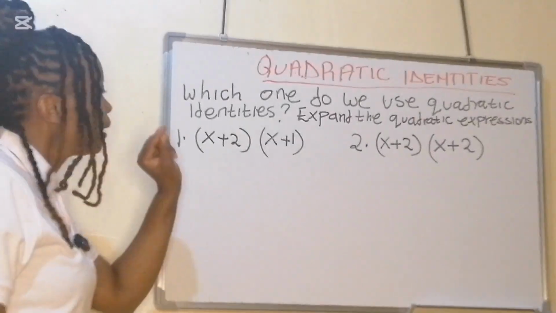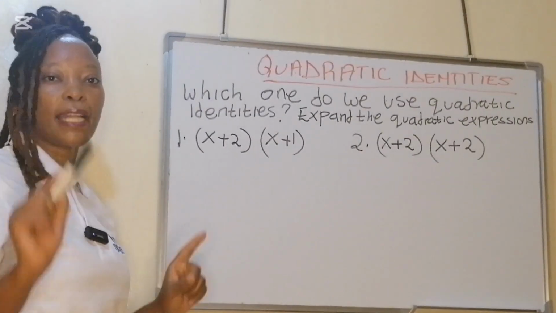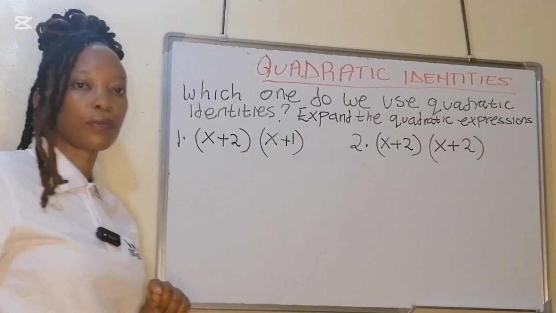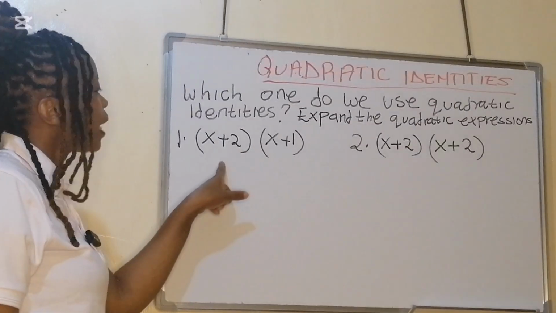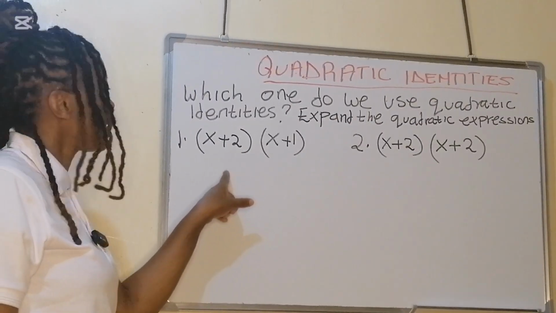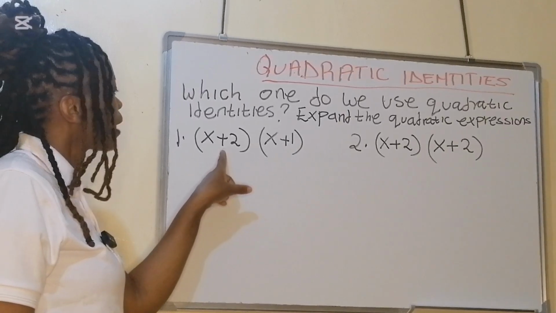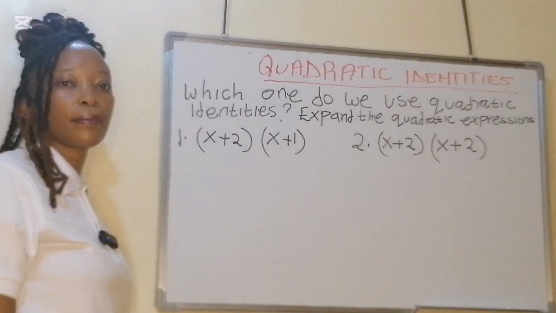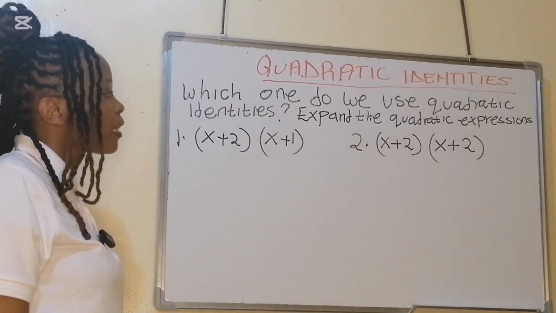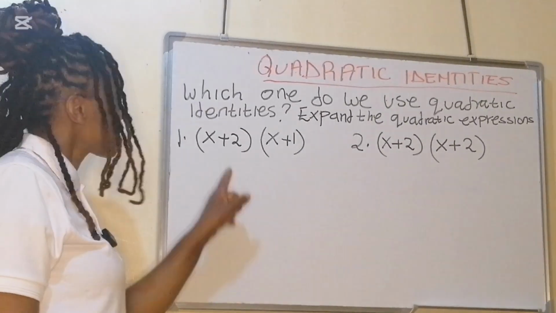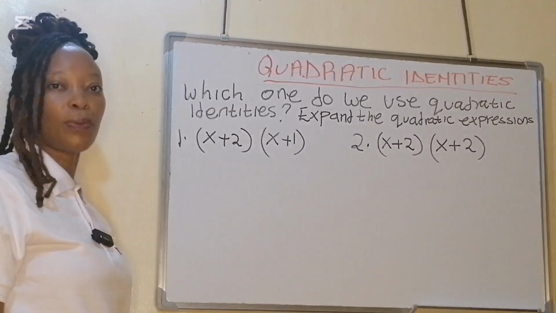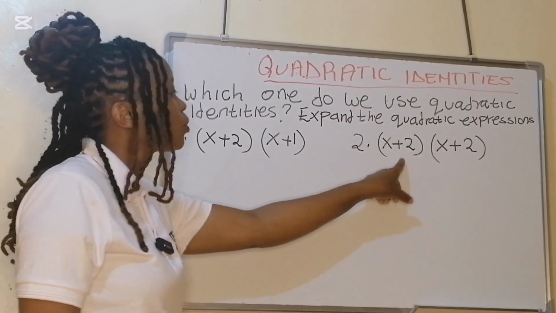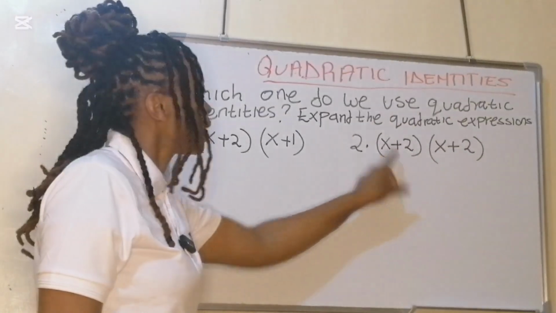The one that we are going to use quadratic identity on is number 2. Number 1, we are not going to use quadratic identity because x plus 2 is different from x plus 1. Okay? They are different. So this one we are going to use the long method, and this one we are going to use quadratic identity.